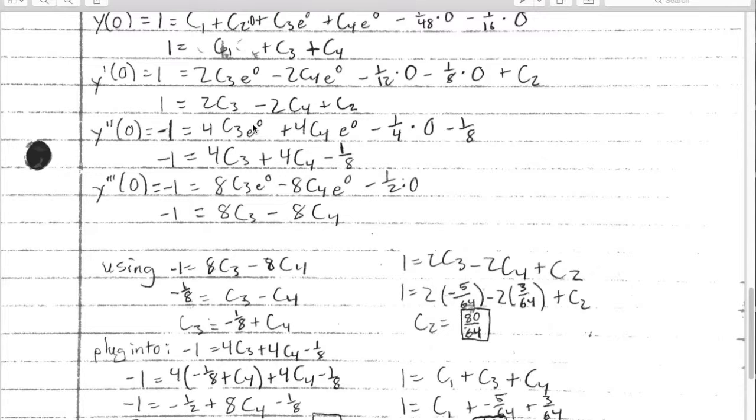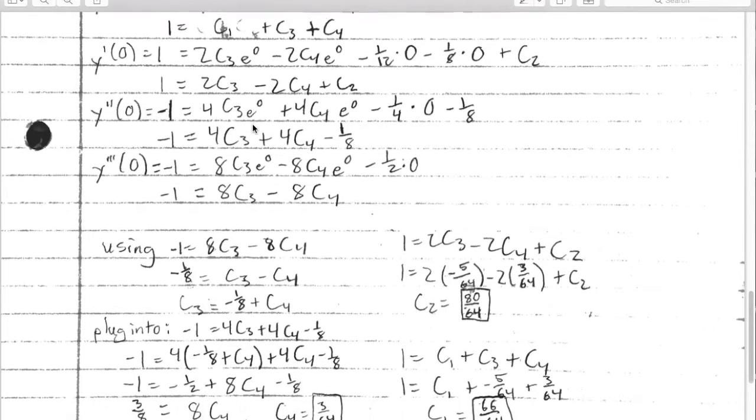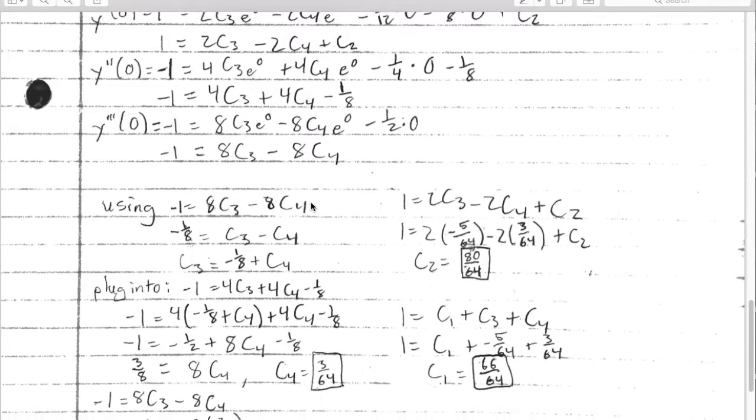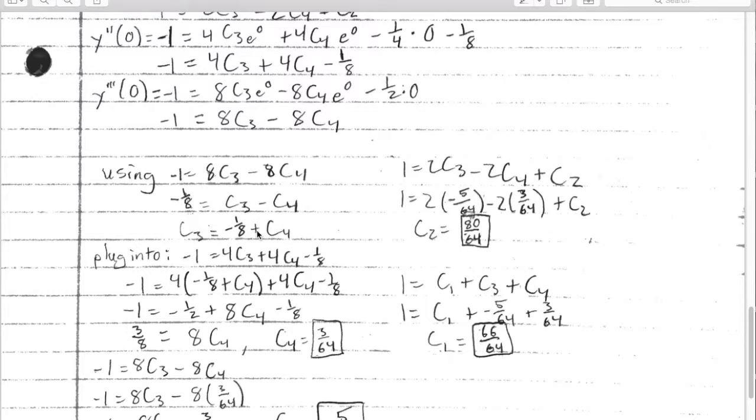So what's left is we have 1 equals c1 plus c3 plus c4, 1 equals 2c3 minus 2c4 plus c2, negative 1 equals 4c3 plus 4c4 minus 1/8, and negative 1 equals 8c3 minus 8c4. So what we're going to do is start with the bottom two equations, because those each have the same two variables, c3 and c4, and using substitution, we'll solve for c3 in terms of c4.